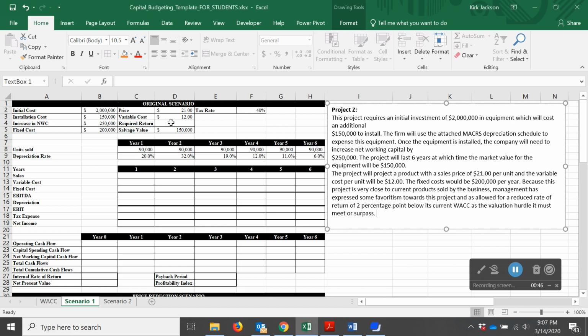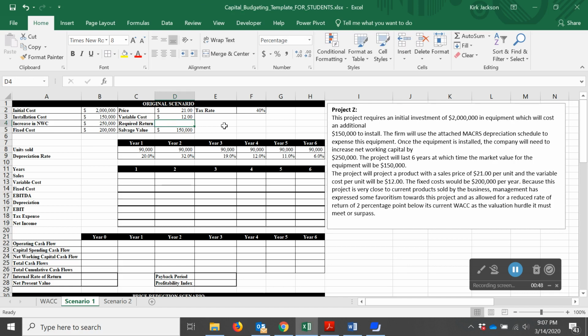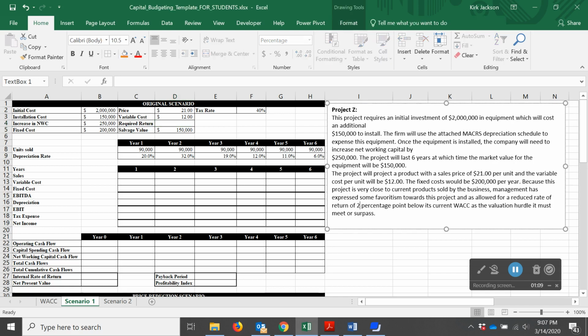The required return, this number right here, we do not have it because that is the weighted average cost of capital with some type of risk adjustment. And actually, as we see here in the assignment, it says, because this project is very close to current products sold by the business, management has expressed some favoritism toward this product and has allowed for a reduced rate of 2 percentage points below the current WACC.